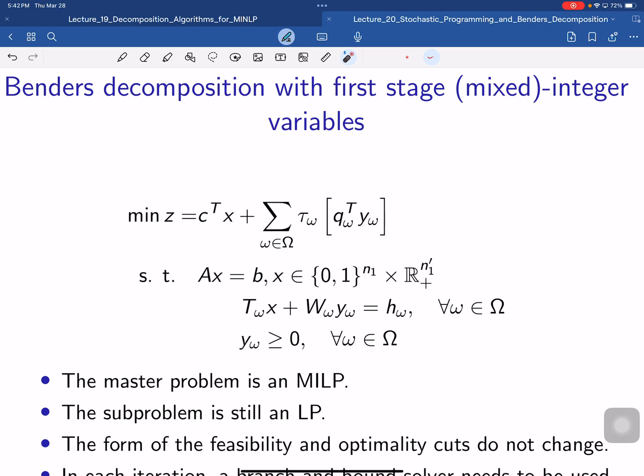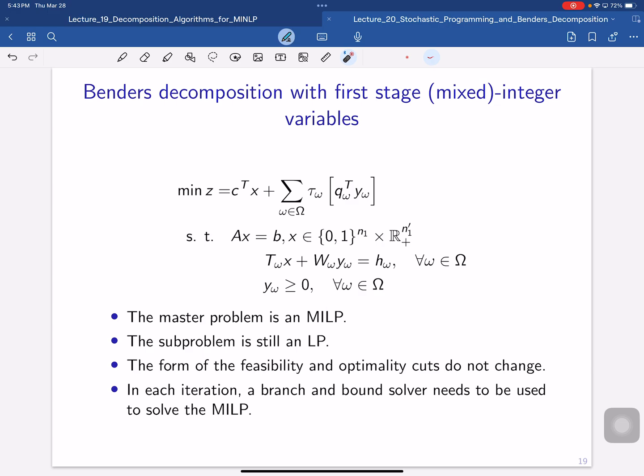So in generalized Bender's decomposition, in general, you cannot guarantee finite convergence because you don't have a finite number of extreme points and extreme rays, right? The beauty of linear programming is the finite characterization of the feasible region. Okay, yeah. So it will still work. The only change is that the master problem will become a mixed integer linear programming problem.